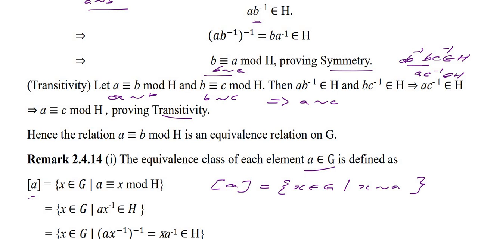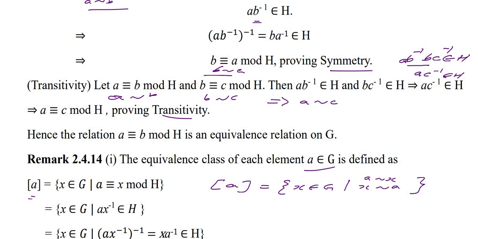So whether I write A related to X or X related to A, it means the same. So here you have X related to A, and since the relation is an equivalence, you can rewrite that as A related to X.